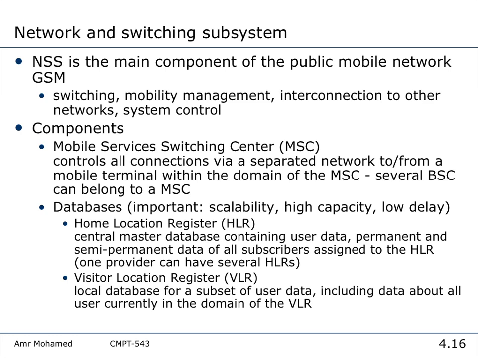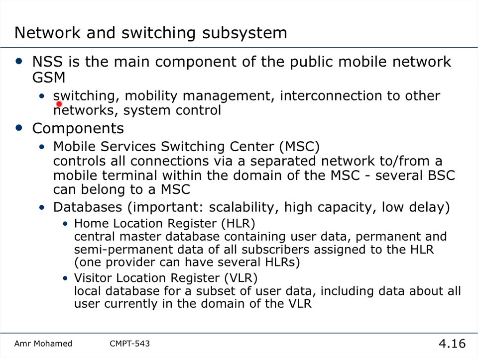It interfaces with the location registers. It interfaces with another gateway to get to another network, maybe a landline network or any other type of network. It actually performs the handover. Okay, so it has many functionalities. So it's like the brain of the entire system. This is the one that manages many things.